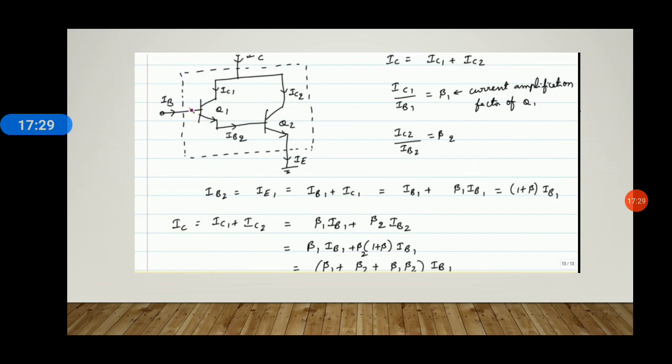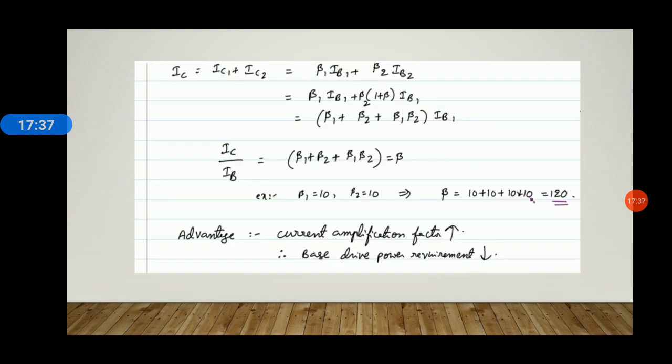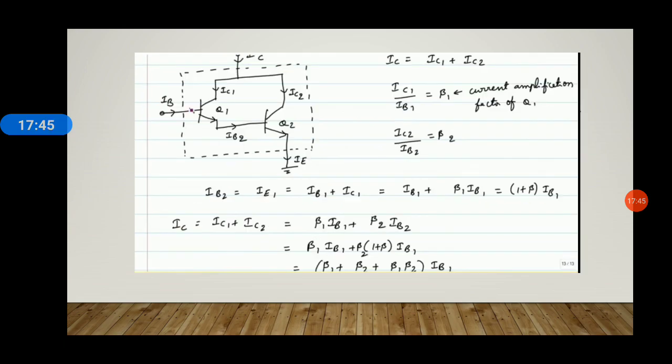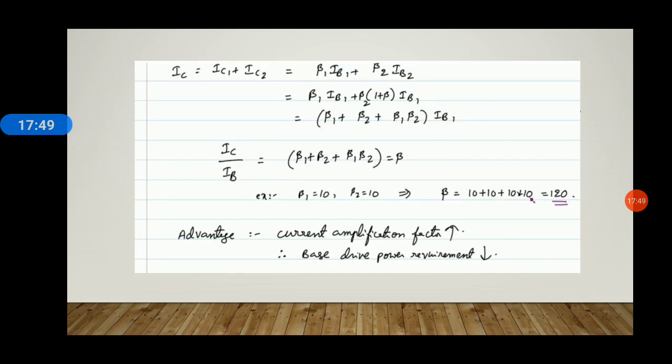So what we get is beta 1 plus beta 2 plus beta 1 beta 2 into IB1. So here IC by IB1, where IB1 is the IB of the total combination, is equal to beta 1 plus beta 2 plus beta 1 into beta 2, which is the total beta of the Darlington pair.